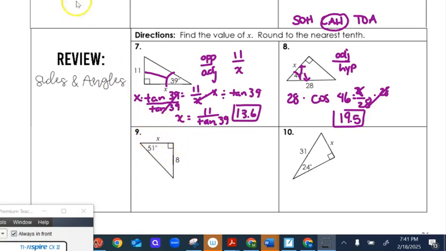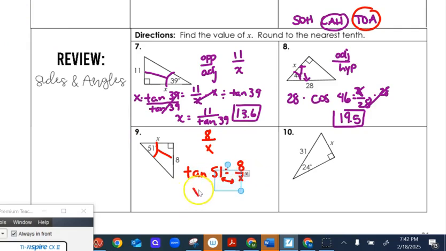Here I'm going to do another one since I know that these x's on the bottom confuse you. So we have 51. We have opposite over adjacent, which is TOA, tangent. So the tangent of 51 equals 8 over x. I just wanted to show you the trick that you can just switch these two around and you will get the same thing.